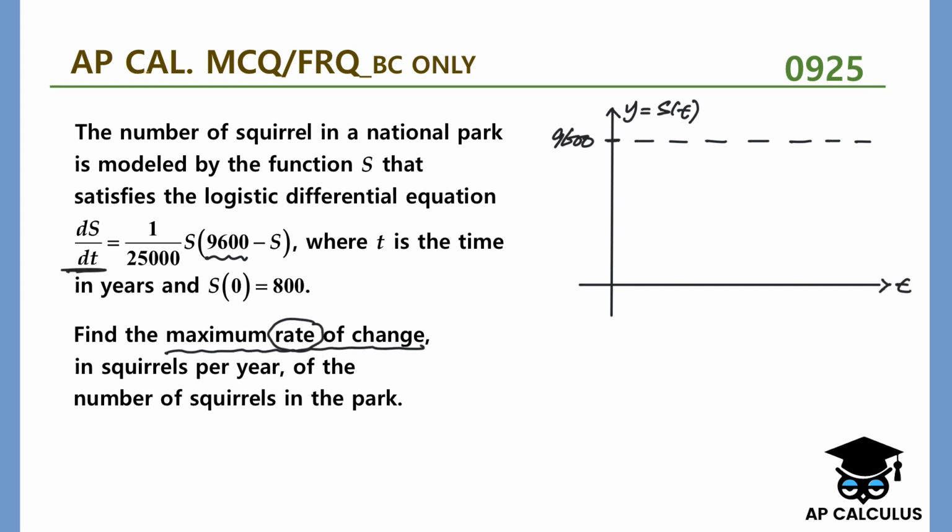The population of squirrels increases concave up and then concave down. This is our point of inflection, and that happens when the population is exactly half of this carrying capacity, 9,600 over 2.